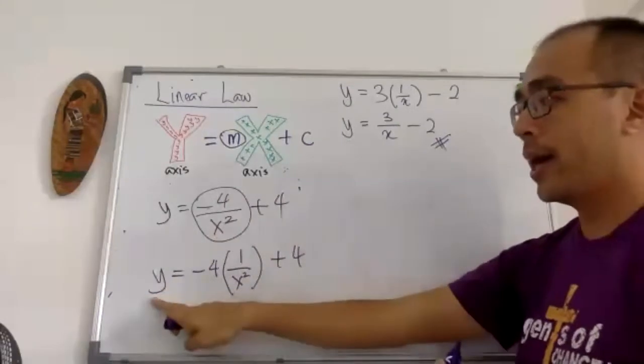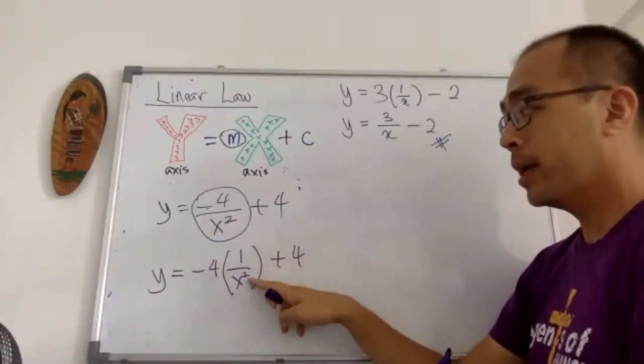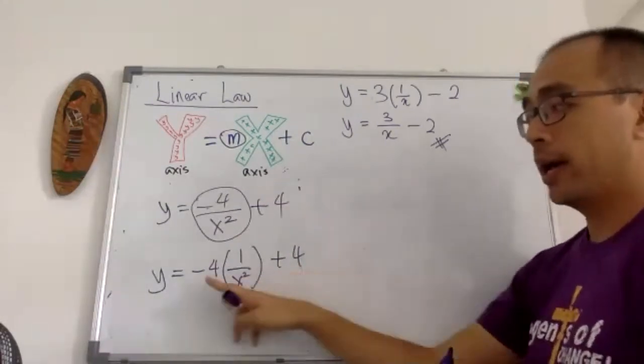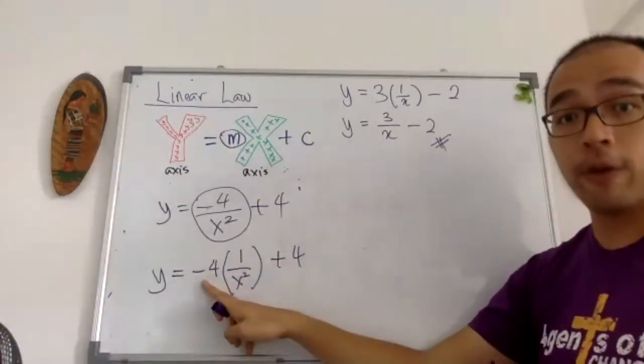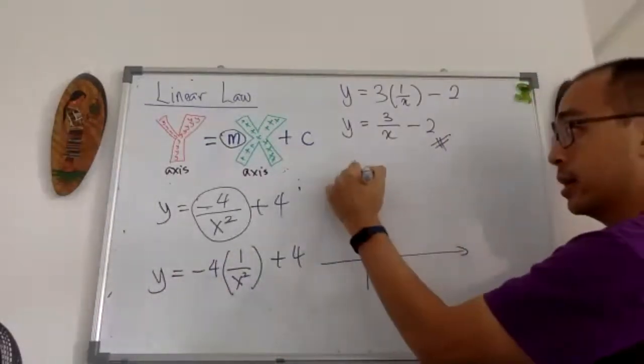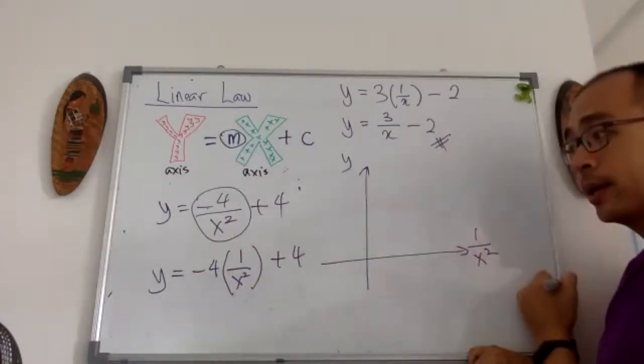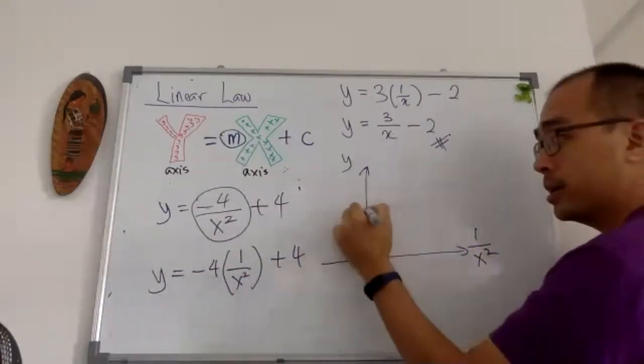Our y-axis is y, our x-axis is 1 over x squared, our intercept is 4, and our gradient is -4. From this I can already kind of see where the graph is heading. This is y, our x-axis is 1 over x squared, and our intercept is 4.